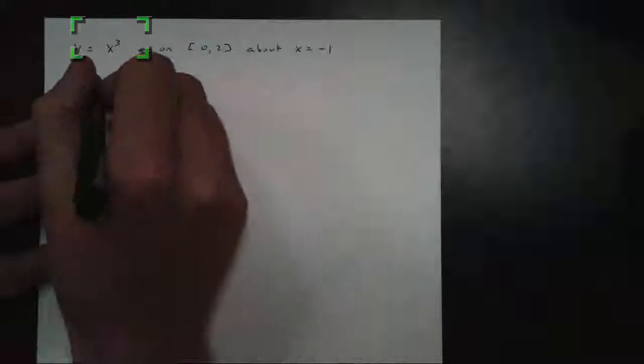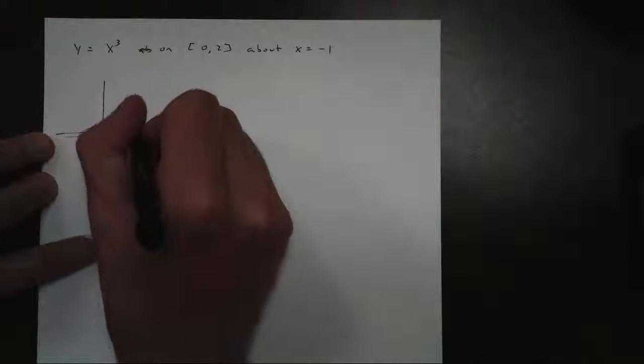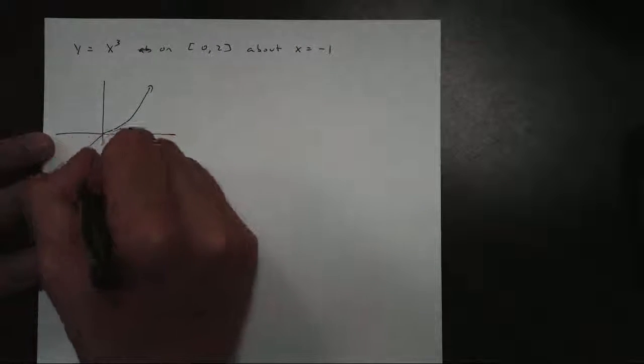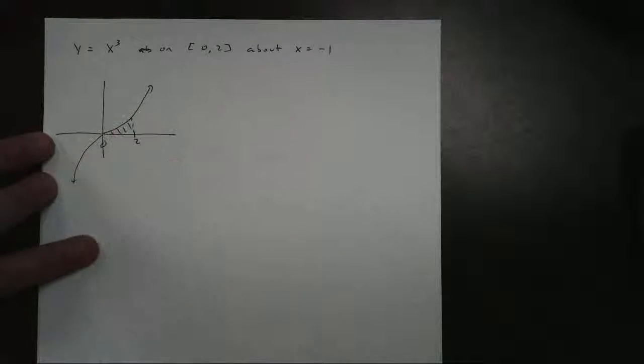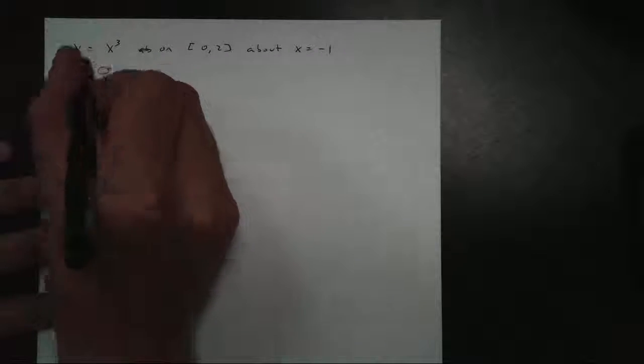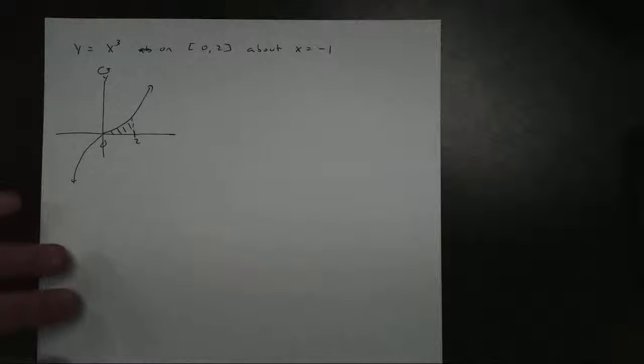I'm going to draw this out. X cubed, we know what that looks like. From 0 to 2 is the only part that I'm interested in. So there's the region I'm looking to revolve. So what does my rule say to do?